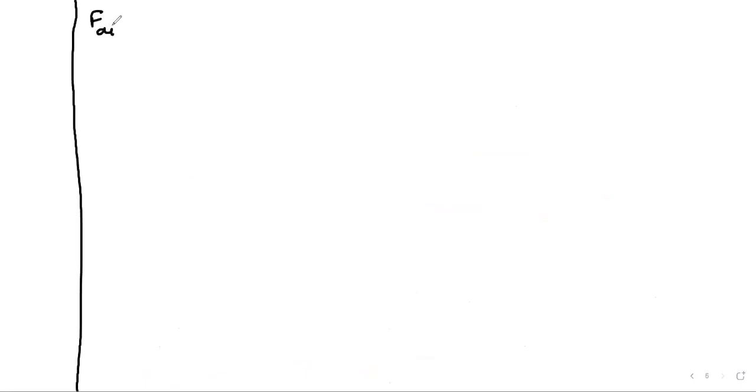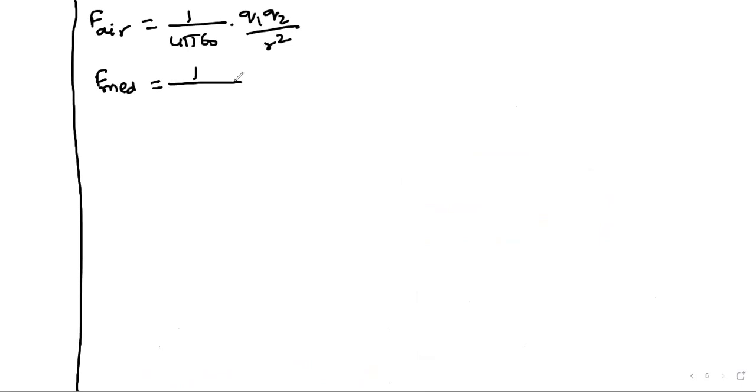F air equals 1 by 4 pi epsilon naught times Q1 Q2 by R square, whereas F medium equals 1 by 4 pi epsilon times Q1 Q2 by R square.